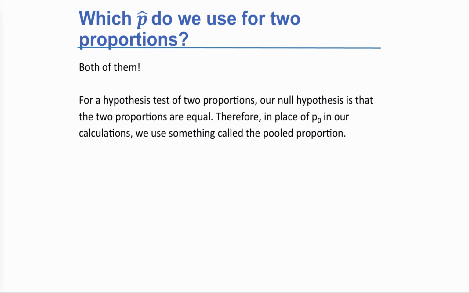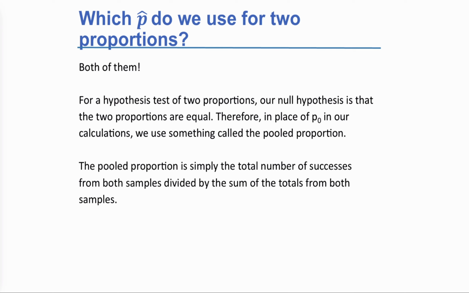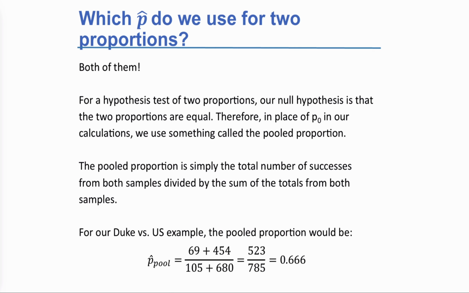So in place of our p0, we use something called the pooled proportion, which is not nearly as complicated as it sounds. It's just the total number of successes from both samples divided by the sum of the totals from both samples. So for our Duke versus US example, there were 69 out of 105 Duke students who said they'd be bothered a great deal, and 454 out of 680 Americans.